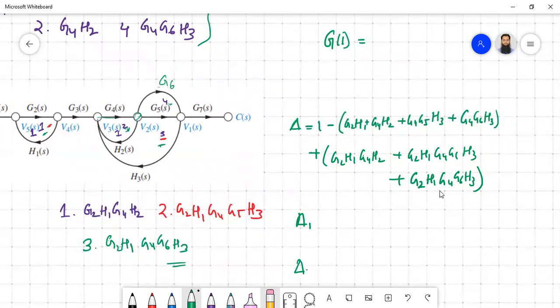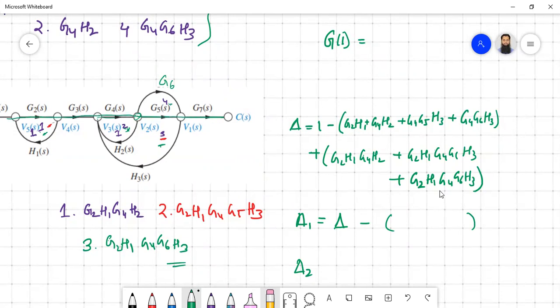And what is del 1 and what is del 2? Del k basically. From the value of del, you have to subtract all the loop gains that are touching that forward path. Say the first forward path is straight away this one.